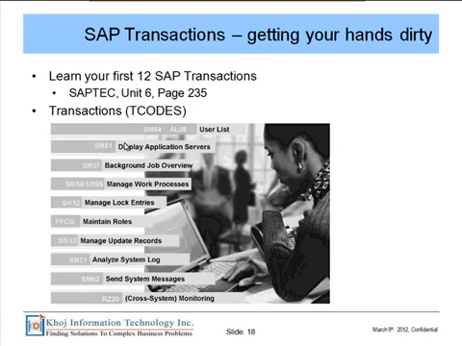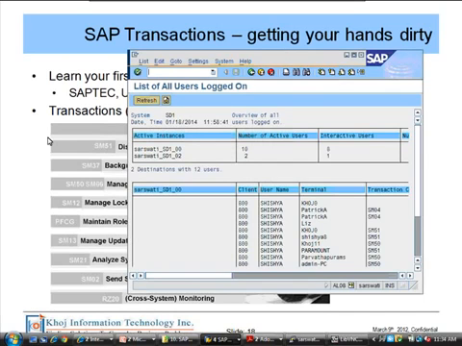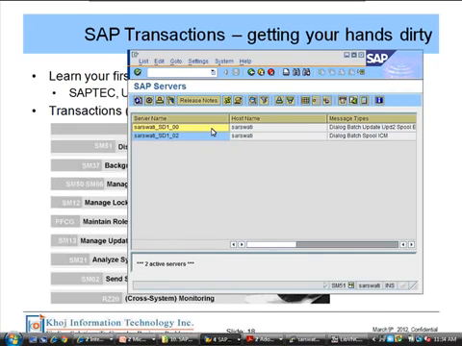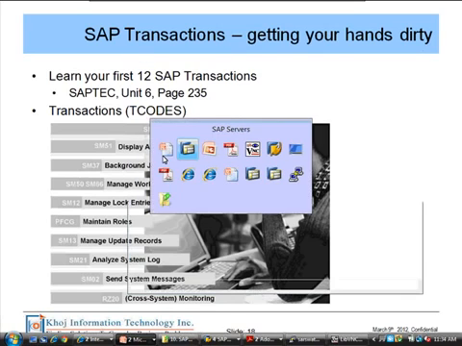Then you got SM51. SM51, as you must have seen, gives you the list of SAP application servers. We showed that to you as well. /n SM51, the different application servers, 00 and 02.